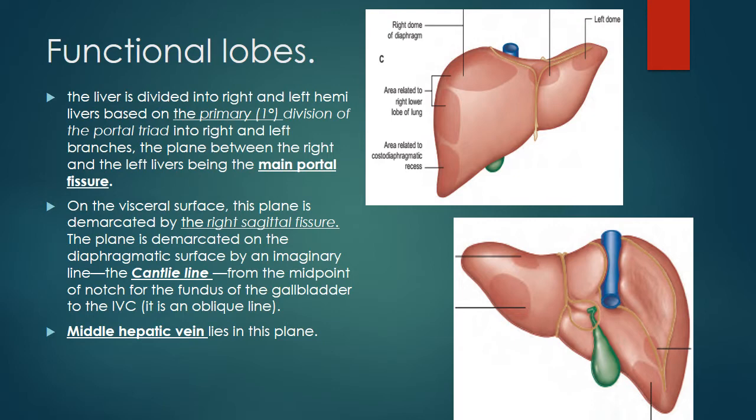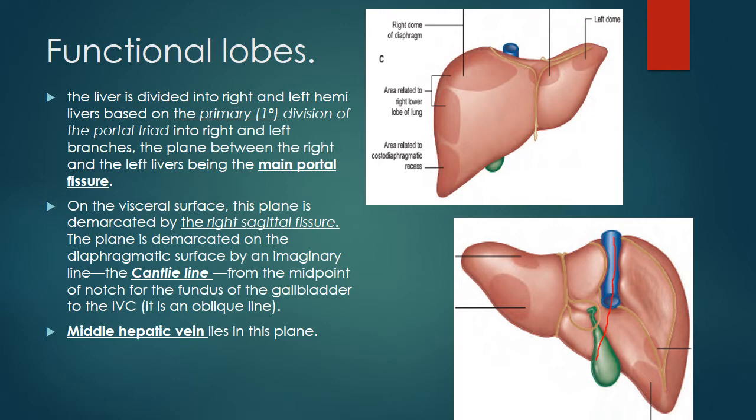The plane which divides the liver into right and left hemilivers or lobes is called the main portal fissure. On the visceral surface, this fissure is drawn by a line from the groove for inferior vena cava towards the fossa for gallbladder, which is the right sagittal plane we have just discussed, while no such fissure is present on the diaphragmatic surface.